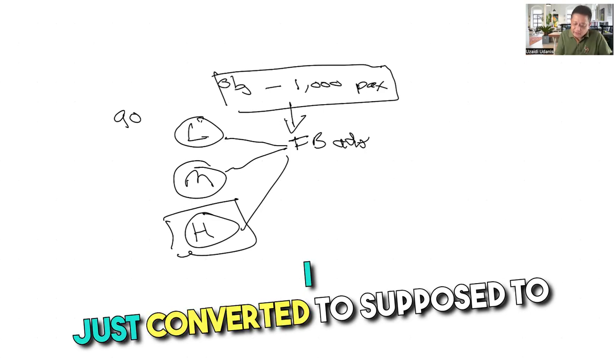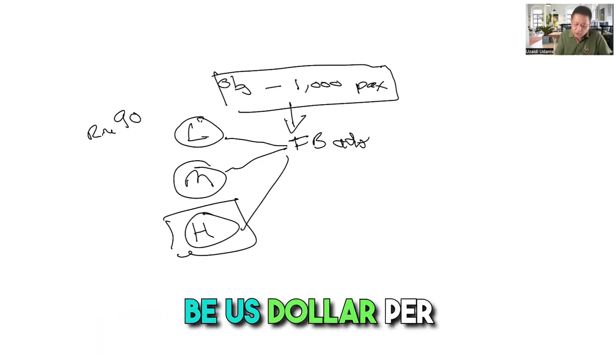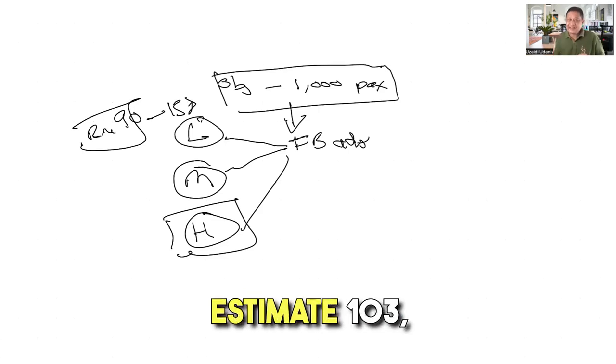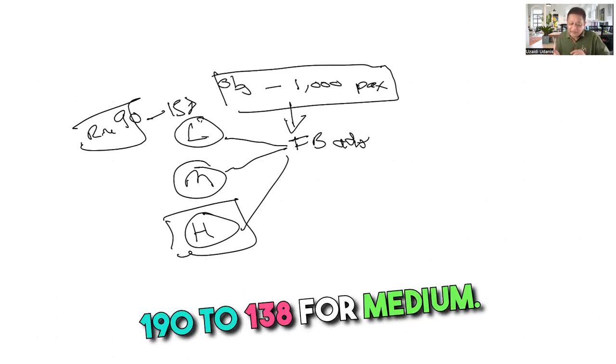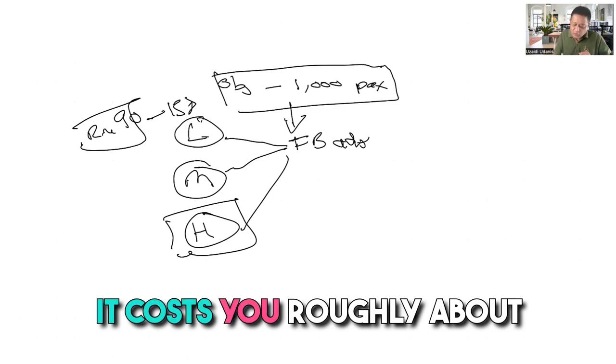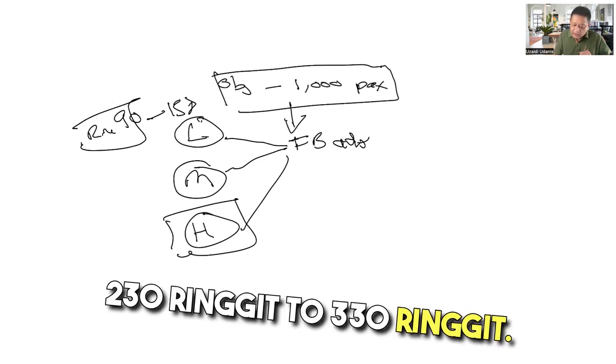I just converted it to ringgit; it's supposed to be US dollar. For medium, for those who have common packages, it costs you roughly 230 ringgit to 330 ringgit.